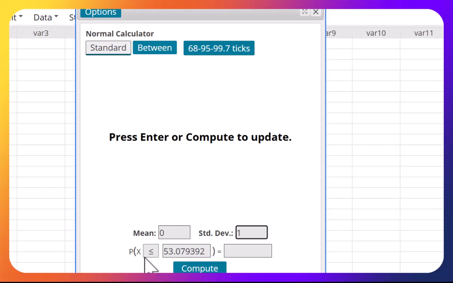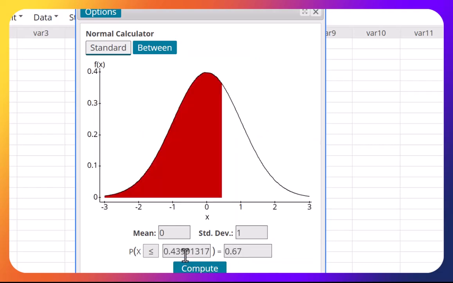If I put 0.67 here to find the area to the left, it gives me z equals 0.44. How do you change a z-score to an x value? You multiply 0.44 by the standard deviation, which is 7, and then you add 50. That's how you do that.